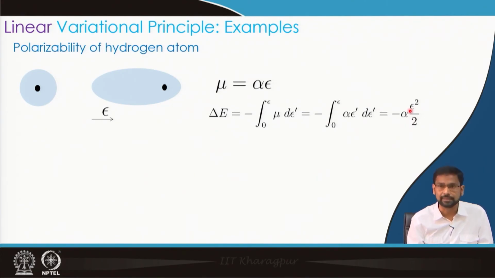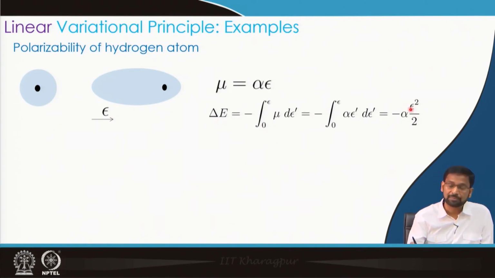Now, what we have done is express the polarizability of the atom, for the electric field that we are applying, in terms of energy. Why is it a good thing? That is because we know how to evaluate the energy of a system more accurately using the variational principle.